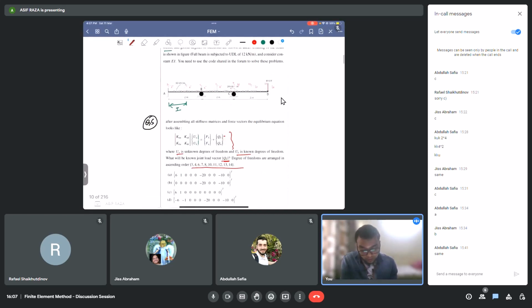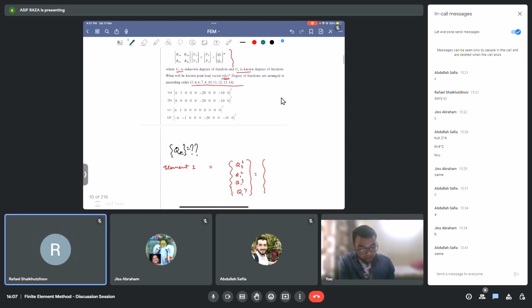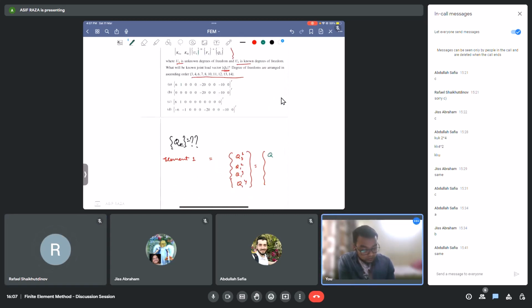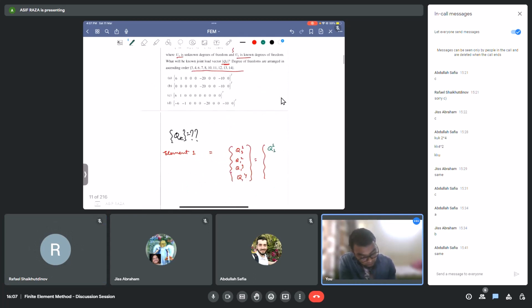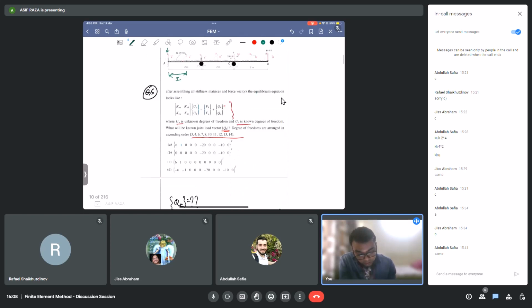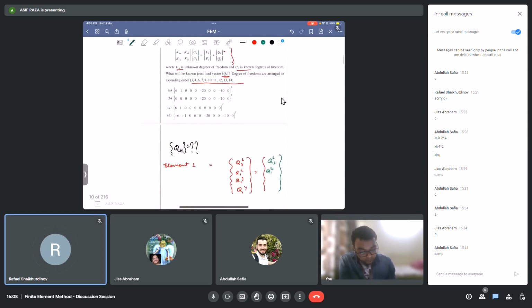So what will be my q11? That means this one, and here we have a reaction. In this first node, we have a reaction, it is unknown. So I'll just take this as it is, and q13 and q14 will be zero.